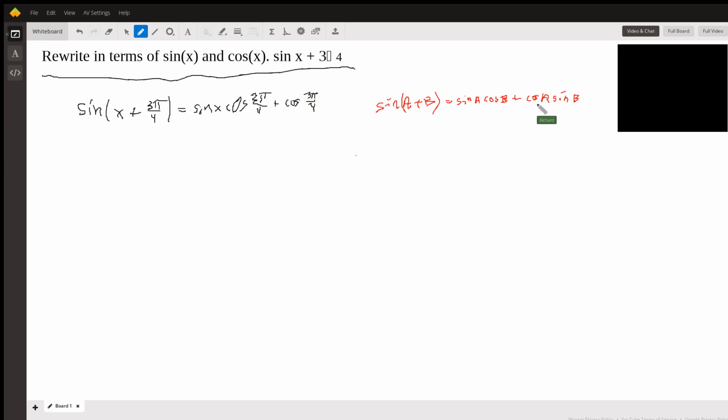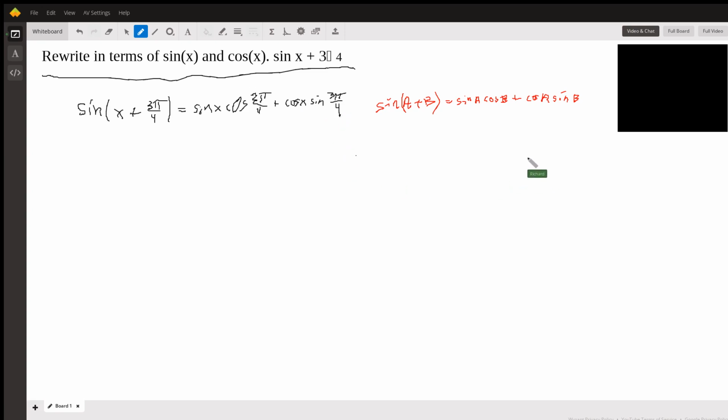Jeepers. Sine a cosine b, and cosine a, which is x. Very sorry about this. Cosine x sine 3 pi over 4. There we go.